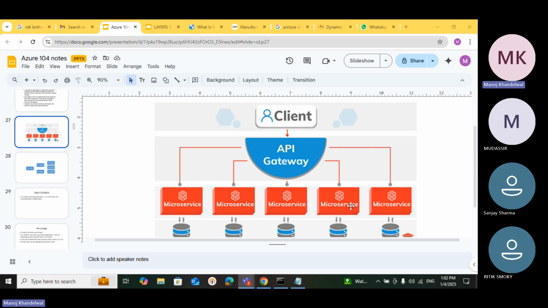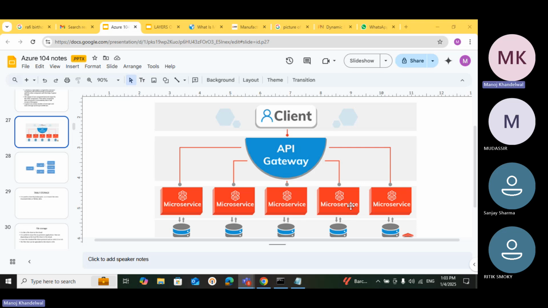Because they have their database, they have the microservices installed. Whenever he logs in, with the help of the credentials, it detects that yes, this is the user, and it redirects to that user's account. So at the back, all the microservices are running.